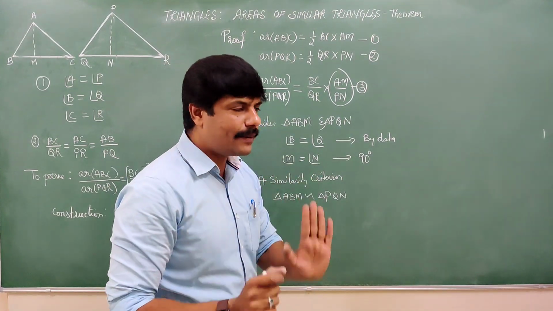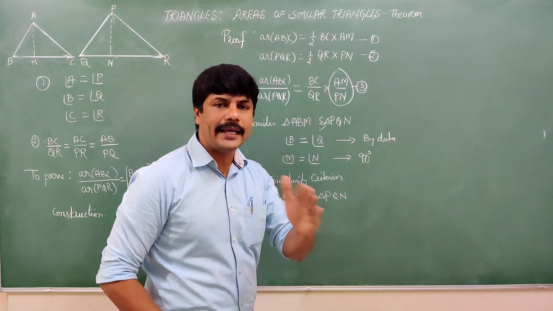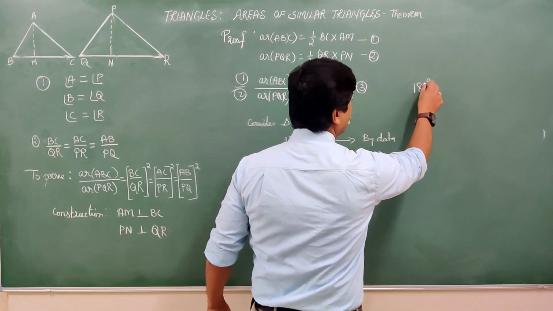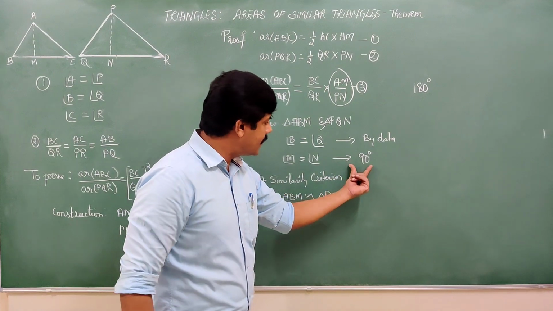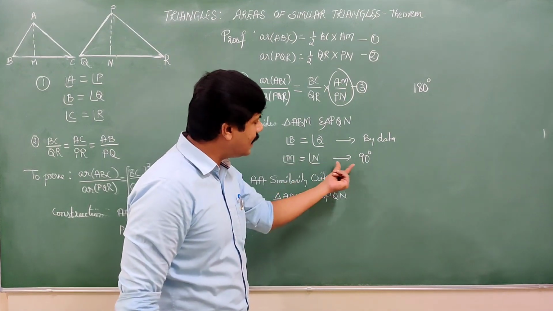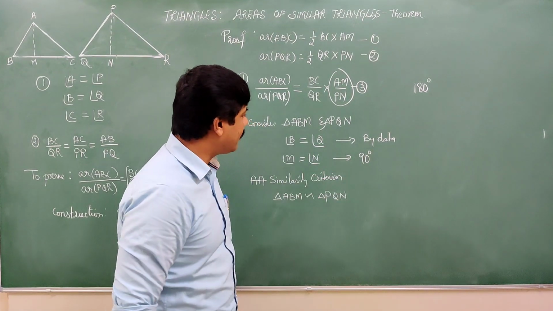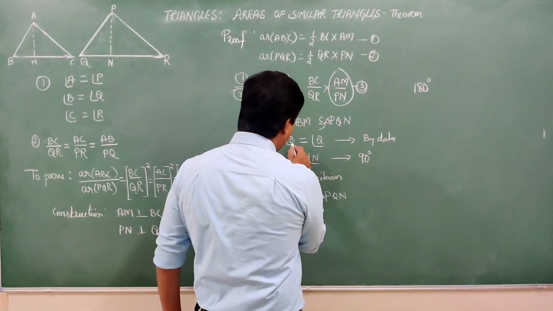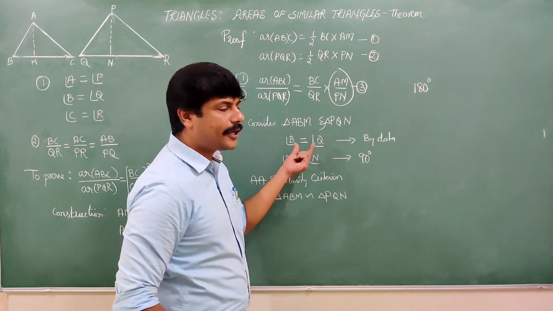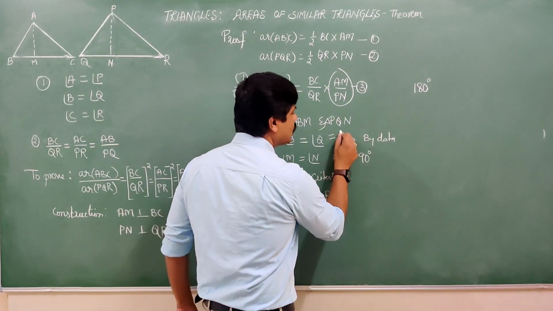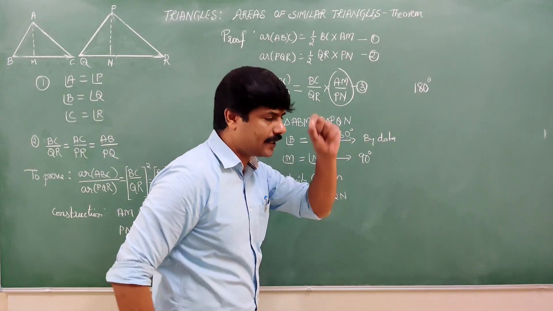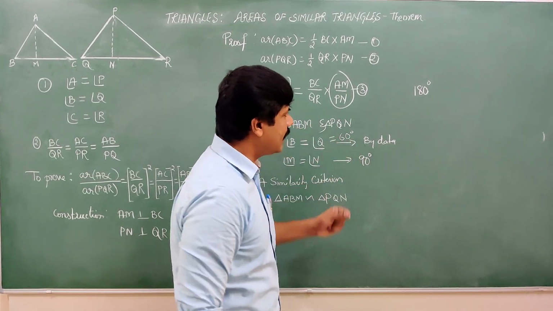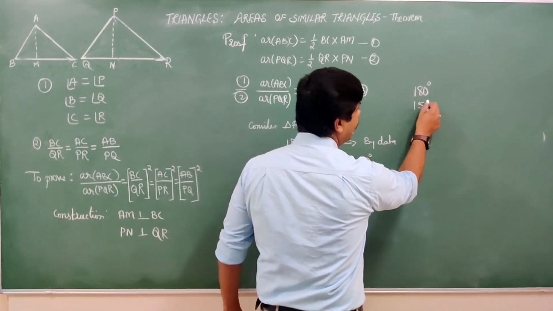That is the question of Mr. Sampath. Just imagine a triangle has a total of 180 degrees. Now, angle M and angle N are 90 degrees. Supposing angle B and angle Q equal 60 degrees, then what is left? 90 plus 60 is 150.